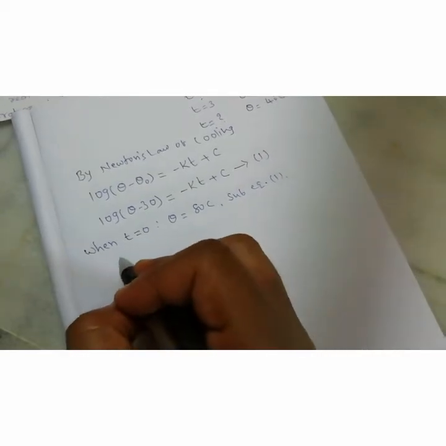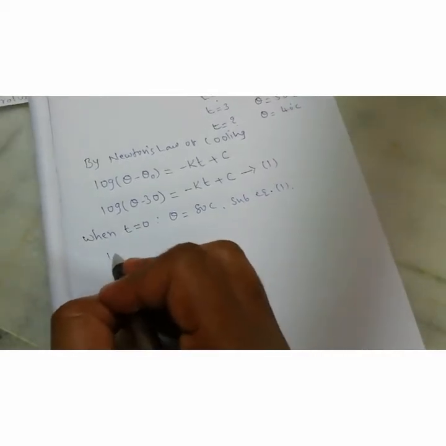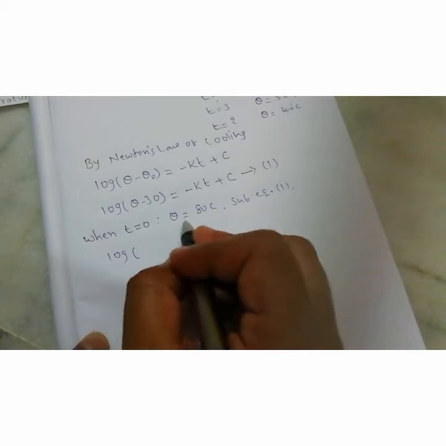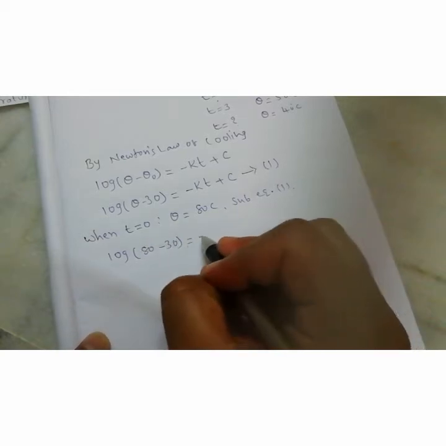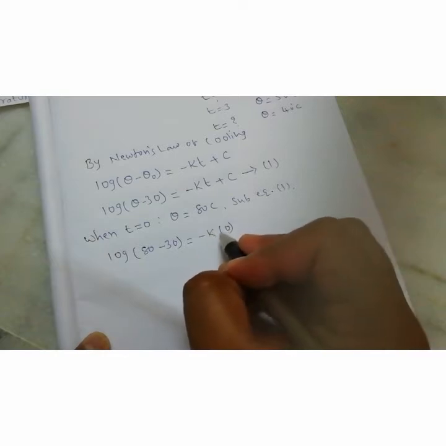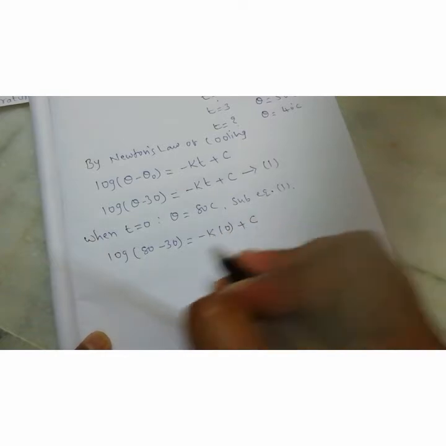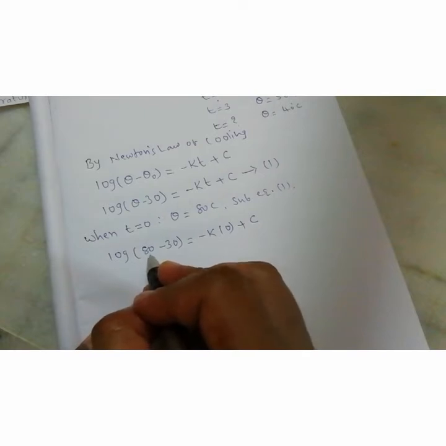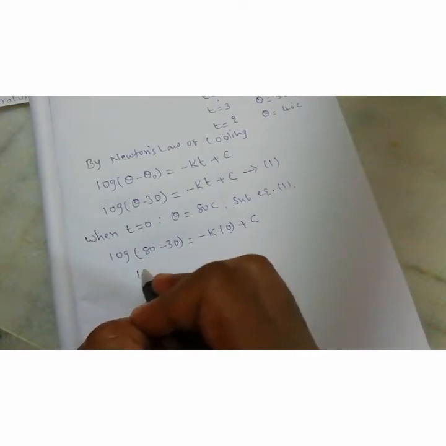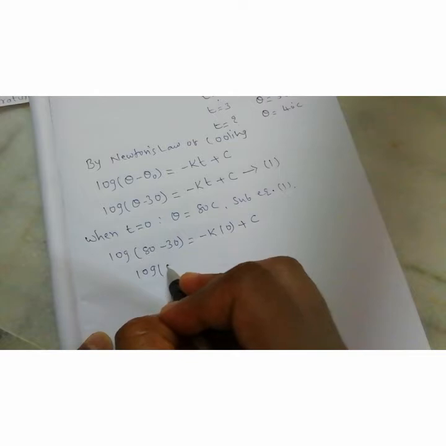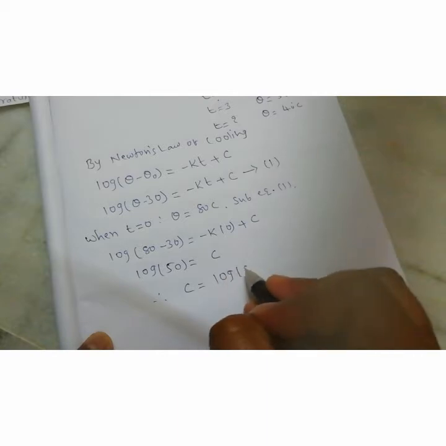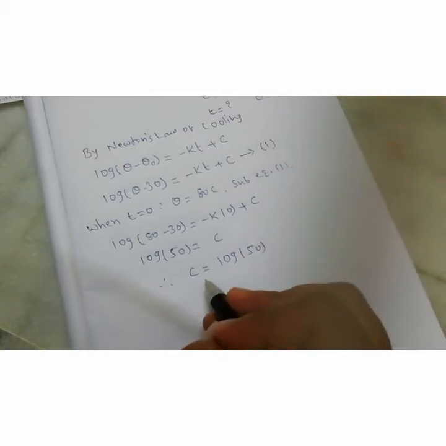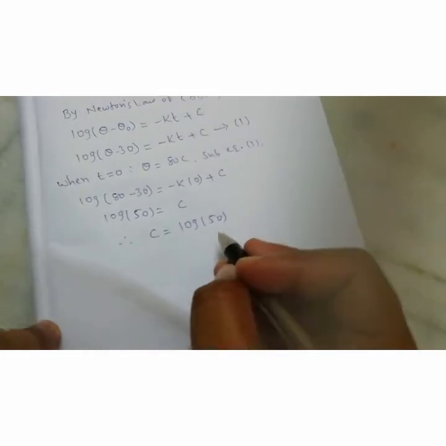So log of 80 minus 30 equals minus k into 0, since time t equals 0 is given, plus c. Here log of 80 minus 30, that is log 50, equals c. Therefore c equals log 50.